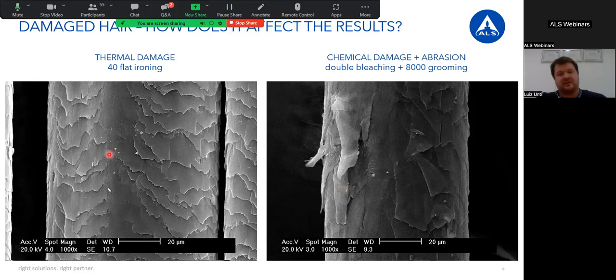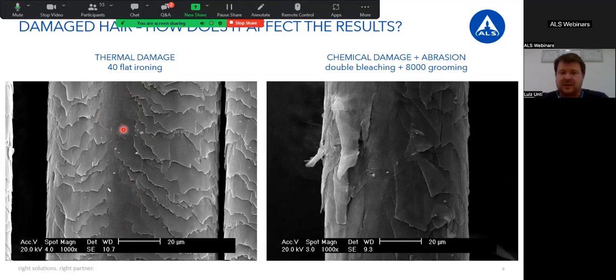Here, I brought another example that is from thermal damage. We performed 40 flat ironing passes on the hair tress and collected some fibers to analyze. And we can see a highly irregular cuticle here, due to some breakage during the flat ironing. And there are some sections where we don't have any cuticle because it was ripped off from the fiber during the abrasion process of the flat ironing.